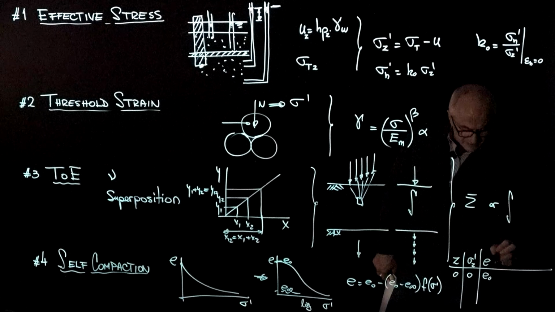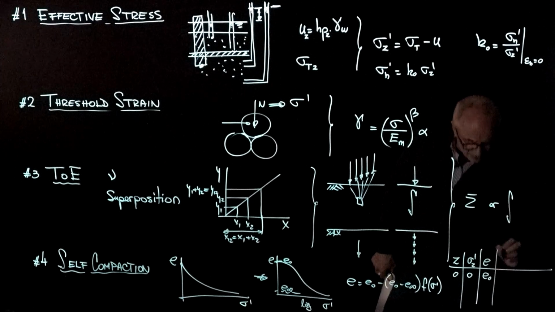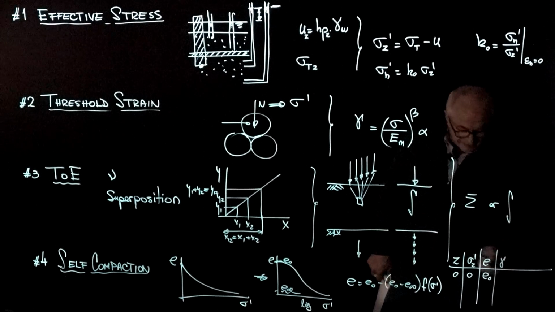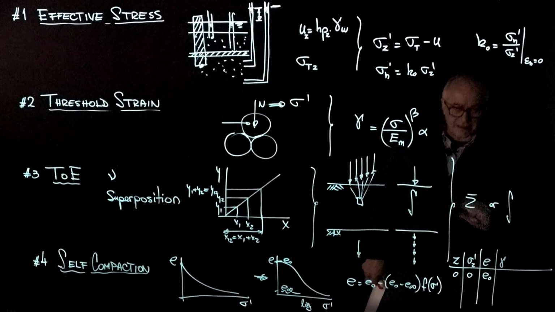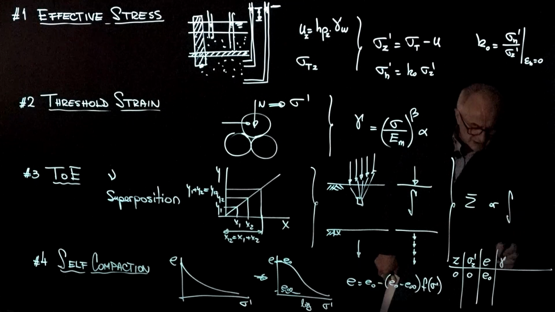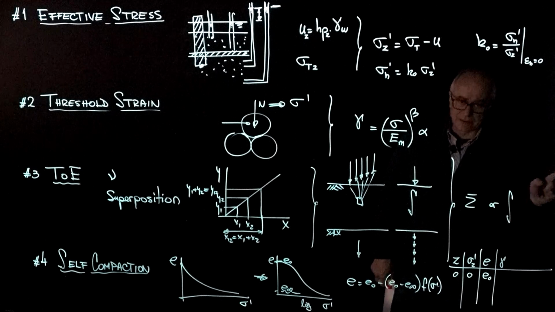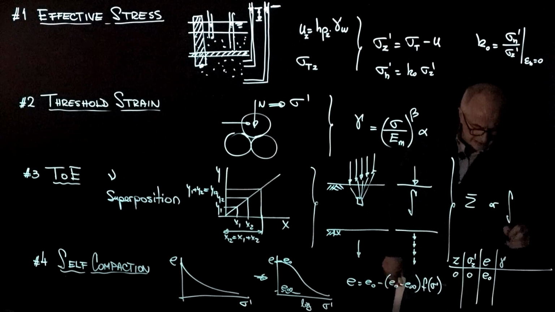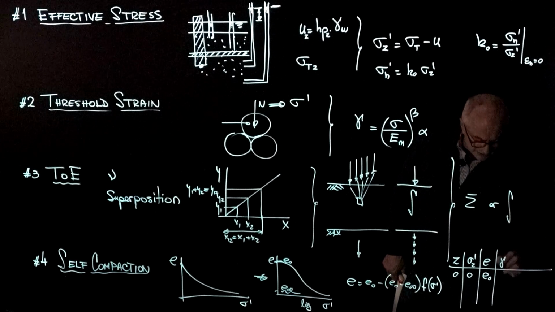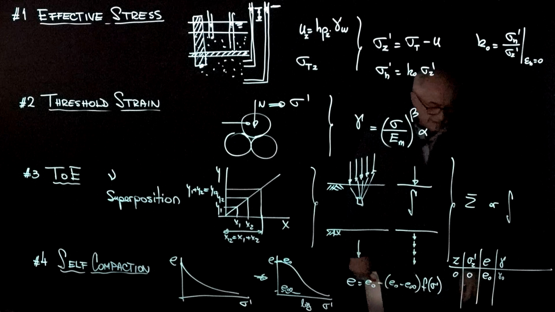With this void ratio, you can compute the unit weight of the material for that very first layer. The unit weight will be a function of the gamma mineral and the void ratio. Go back and see the equation from gravimetric volumetric relationships. So you will have a unit weight at zero depth.